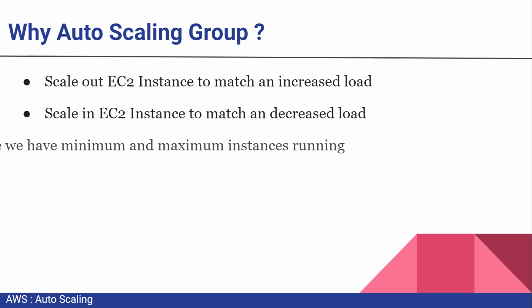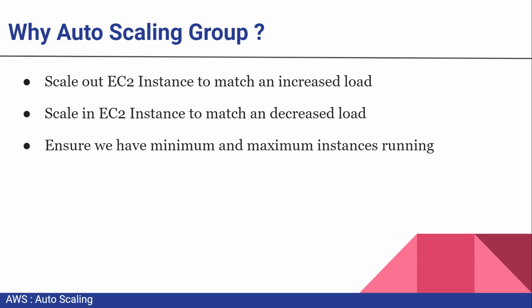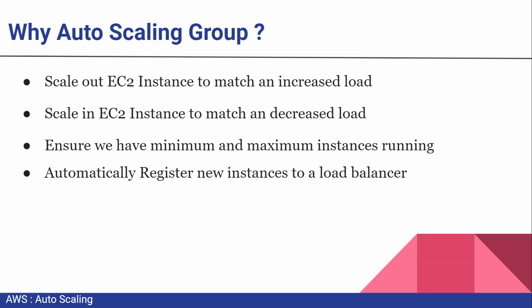So we can define the minimum and maximum number of machines running in an ASG. Finally, we can also have one of the super cool features of the ASG, which is automatically registering new instances in the load balancer. In the previous lecture we registered instances manually, but obviously there is always a kind of automation that we'll see further.